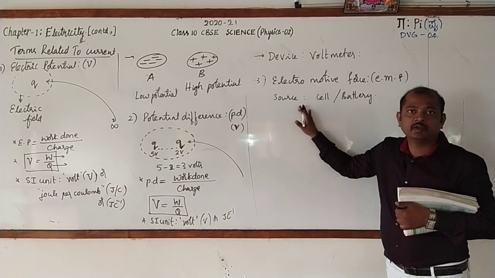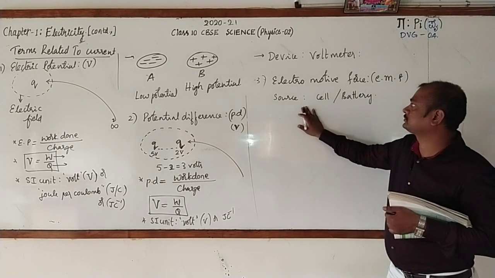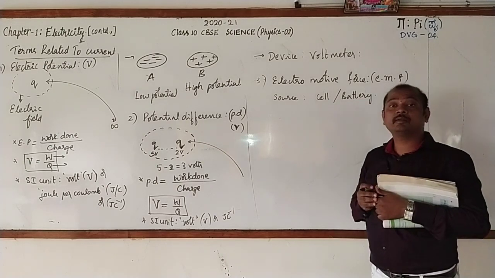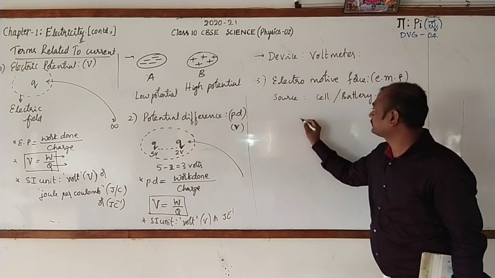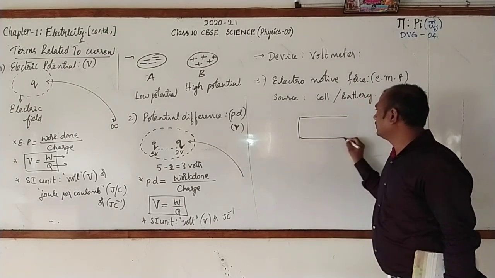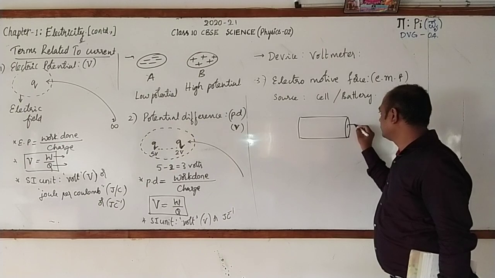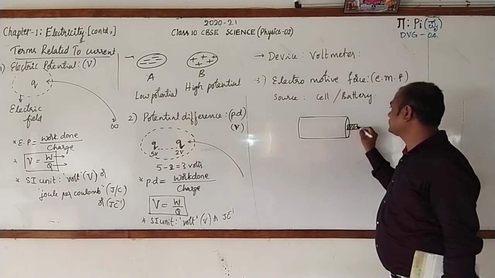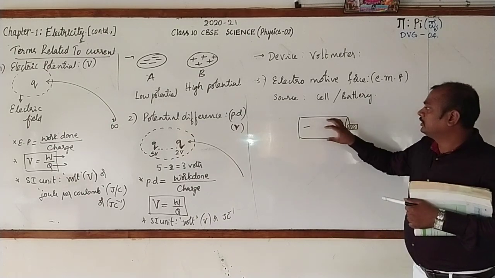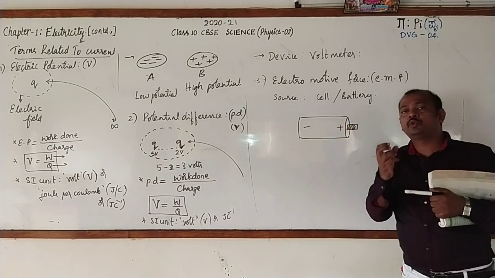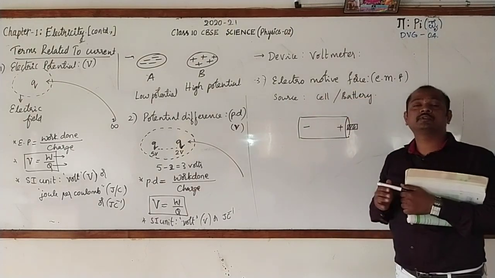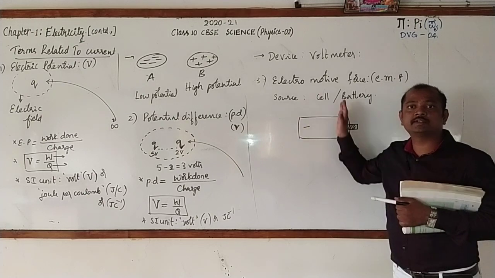Dear students, observe here. The source of electromotive force is a cell or battery. Here I am going to draw the electric cell, with this terminal positive and this negative. See that if you want to draw current, it should be connected to the free ends of a wire.